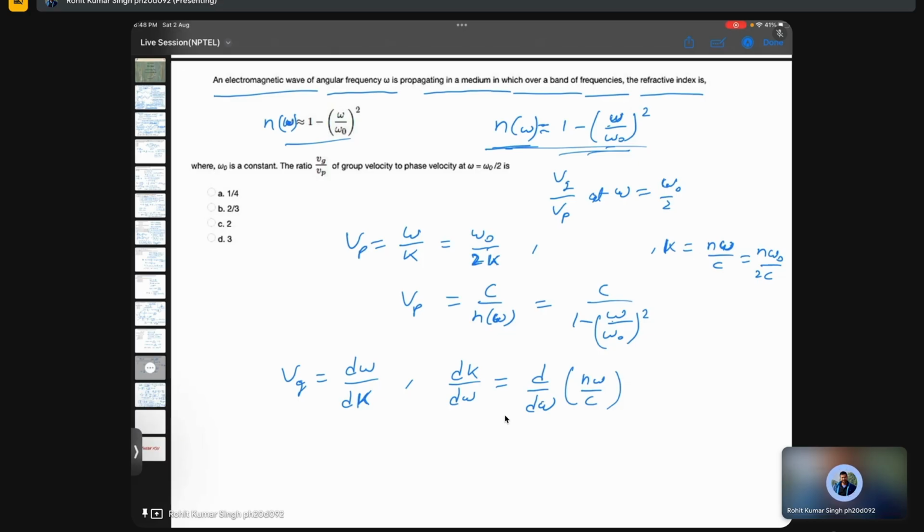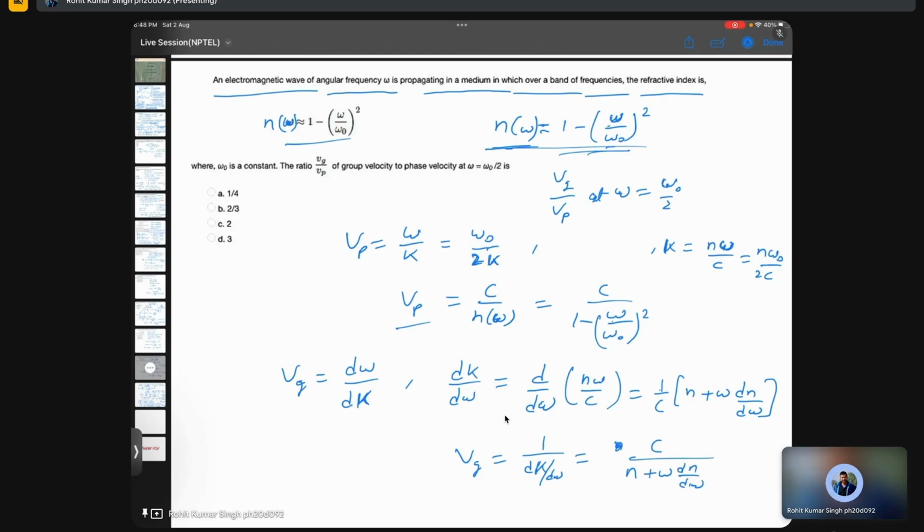So we have to differentiate this with respect to omega, and n is also a function of omega, so remember that. So you will get dk by d omega equal to 1 by c times n plus omega dn by d omega, correct? n is always a function of omega, like earlier, and so the group velocity is nothing but 1 by dk by d omega. So c by n plus omega dn by d omega.